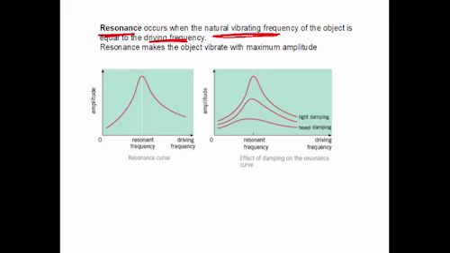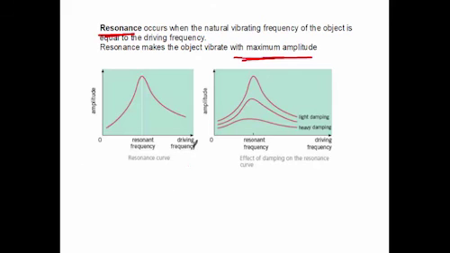So this is the definition of resonance, which is a phenomenon that occurs when the natural vibrating frequency of the body equals the driving frequency. Resonance always makes the body vibrate with maximum amplitude.